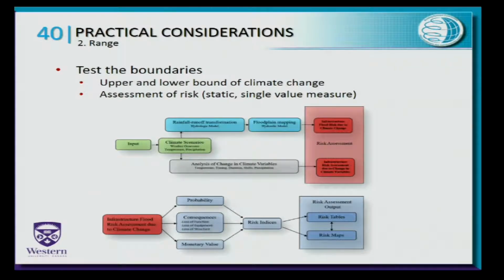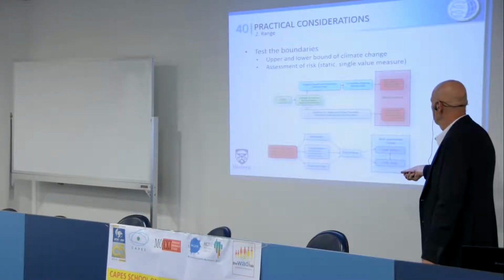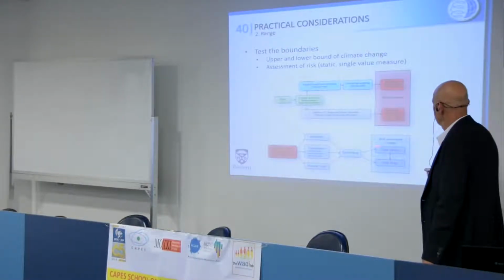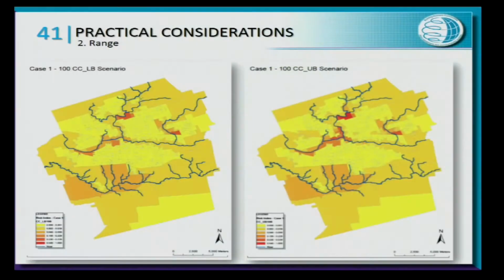The probability was fixed as a return period of 100 and 250 years, because these are the regulatory floods in Ontario, and then the consequences, economic and monetary, were combined into a risk value, and this risk value was plotted as a shade of red on the map for different locations within the city.